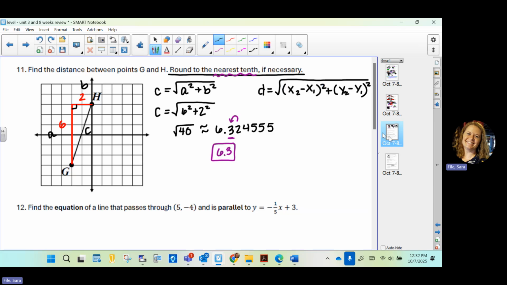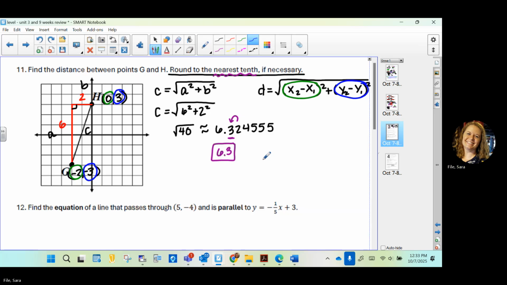And if you were doing it this way, you would have to come over here and get the ordered pair of G, which would have been at -2, -3. And H, which is at 0, 3. And then you would have identified, okay, my x's would go here, and my y's would go here, and you would calculate that and let Desmos do its thing, and it would give you this same answer. Okay, so you can do either method that you choose.